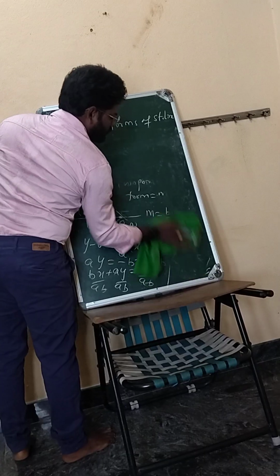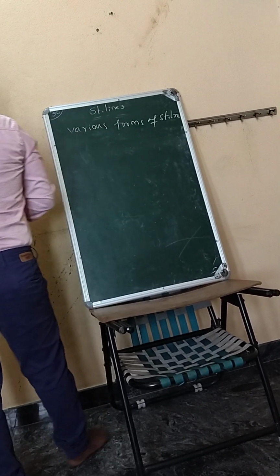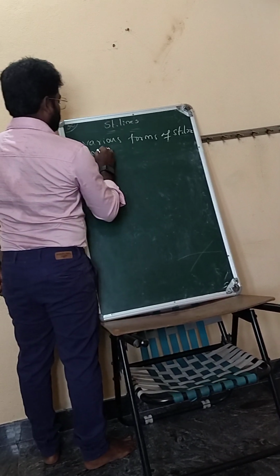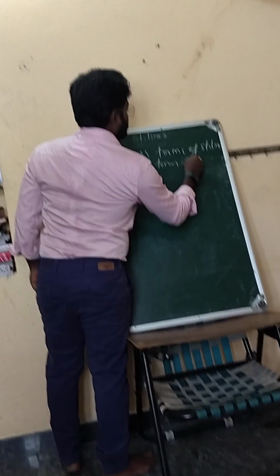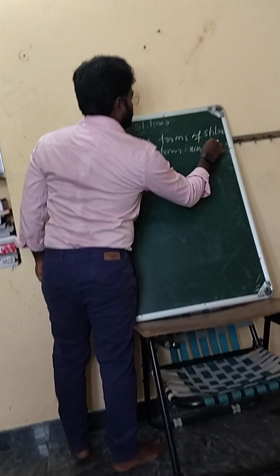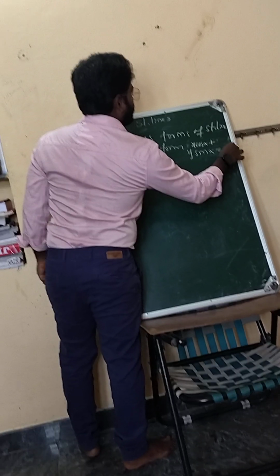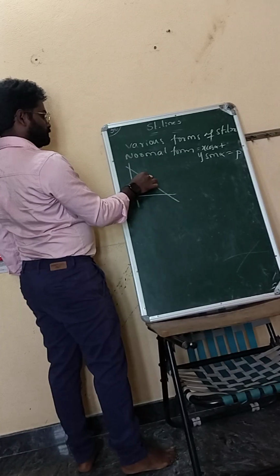And important, normal form. Can you write the normal form? What is the normal form? Normal form, x cos alpha plus y sin alpha equal to p. Then can you draw the diagram?